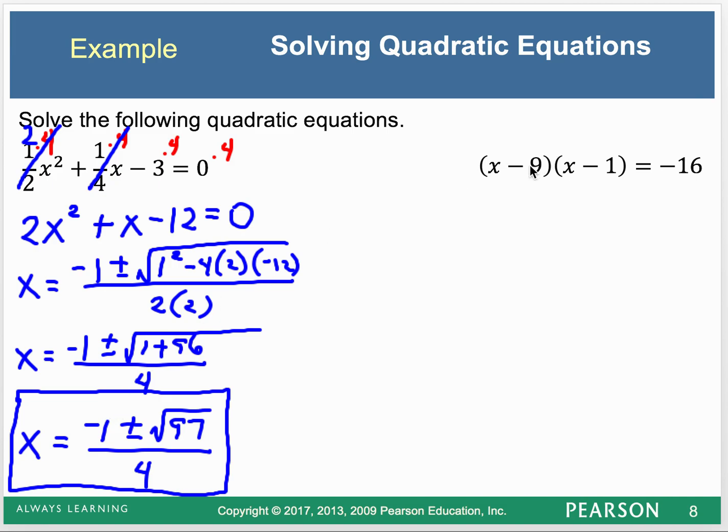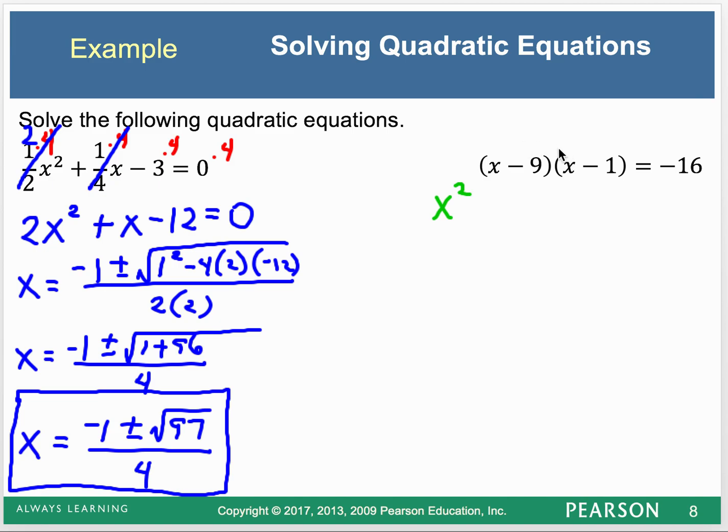Now this one, they're trying to be tricky. Don't let them trick you. It doesn't matter that it's factored. The only way that helps you is if it equals 0. So really, by them factoring this for us ahead of time, it just caused us extra work. I've got to multiply this out.